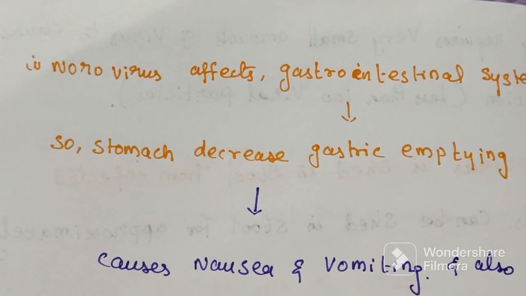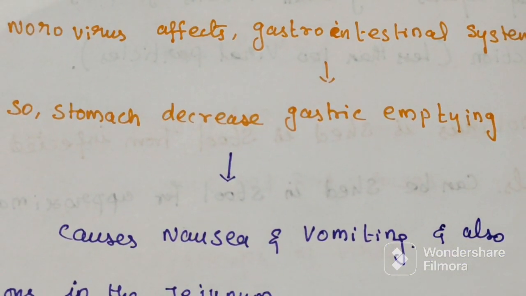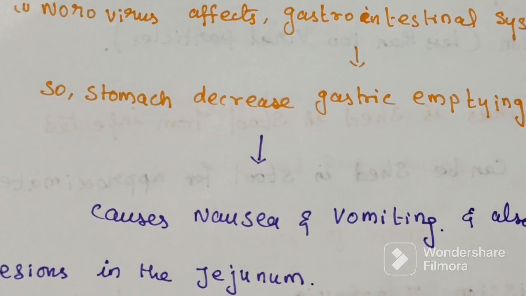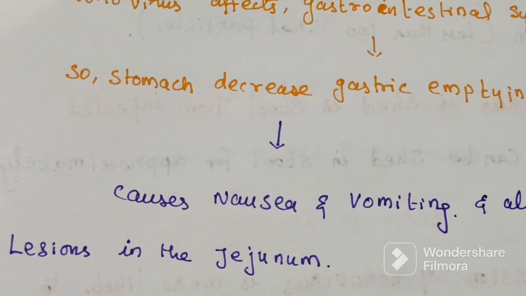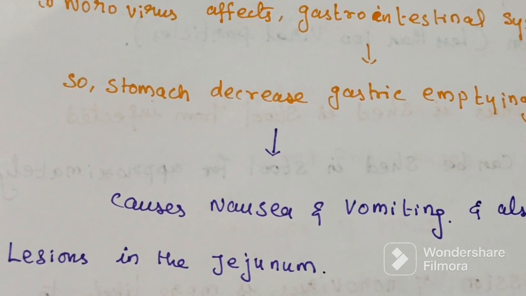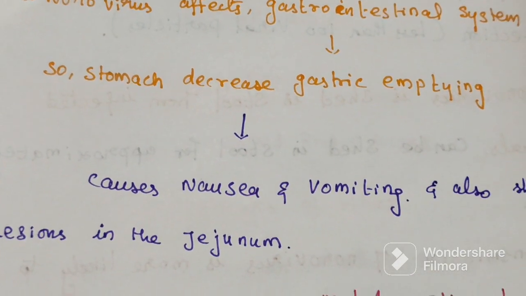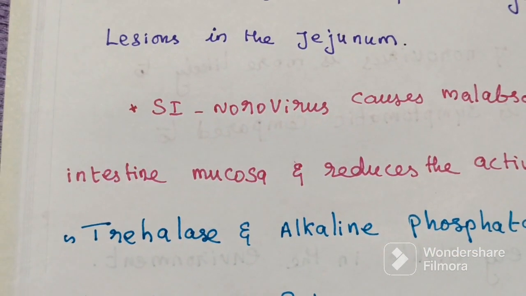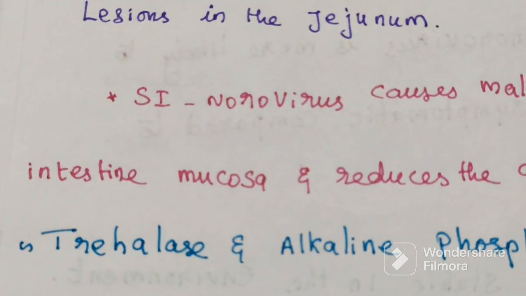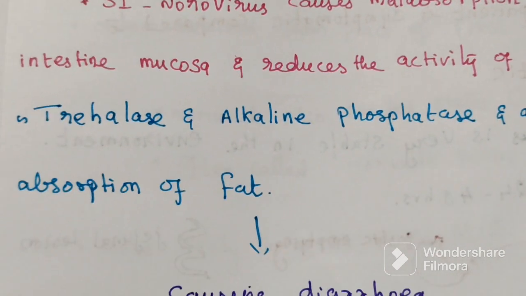In the stomach, it decreases gastric emptying, and it is hypothesized that this is the reason norovirus causes nausea and vomiting. It has also been shown to cause lesions in the jejunum, which is part of the small intestine. Norovirus also causes malabsorption by affecting the intestinal mucosa, reducing the activity of enzymes like triglyceride lipase and alkaline phosphatase, and it also inhibits the absorption of fat.